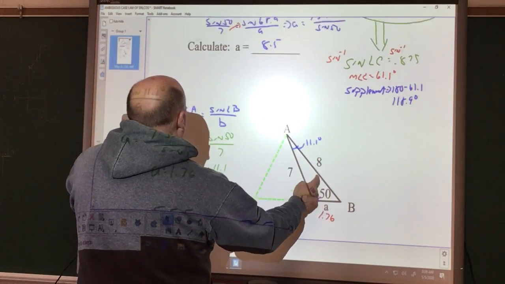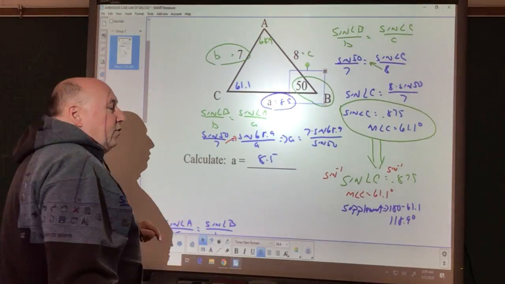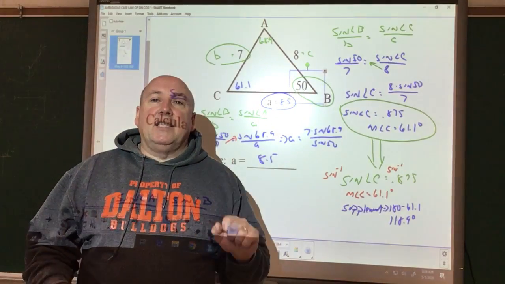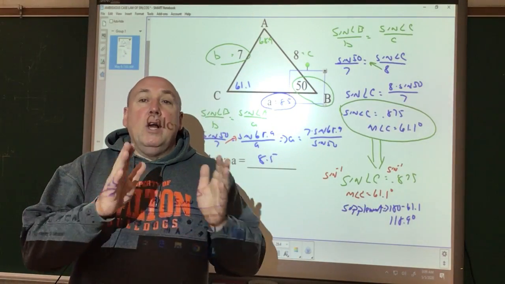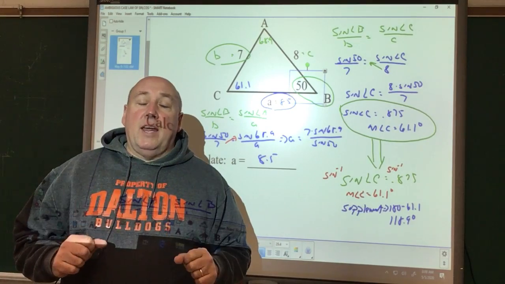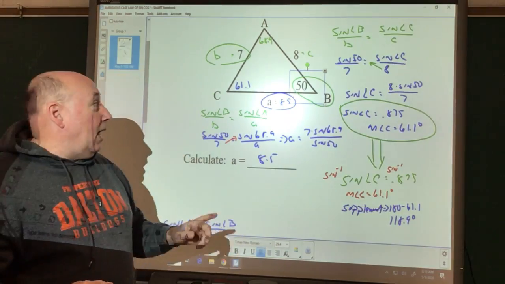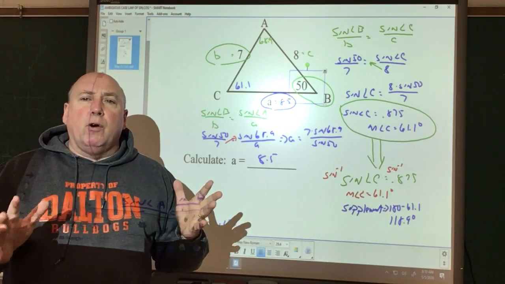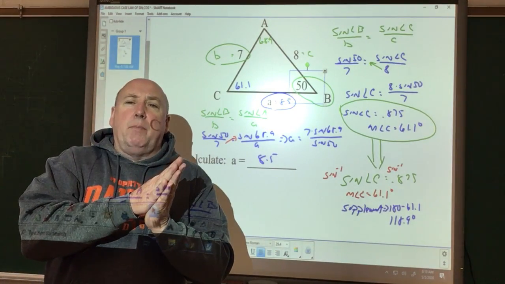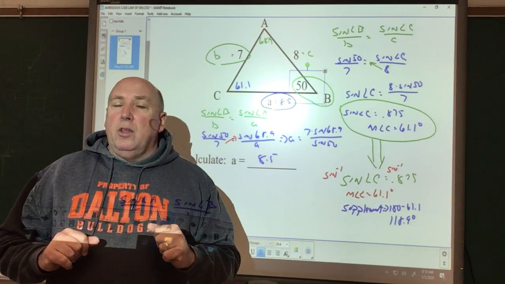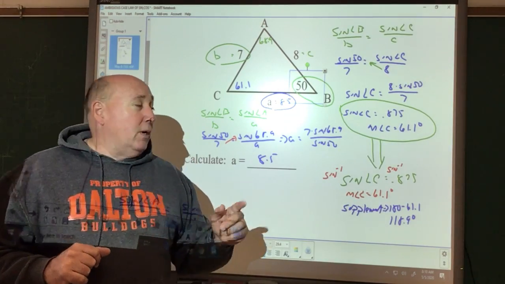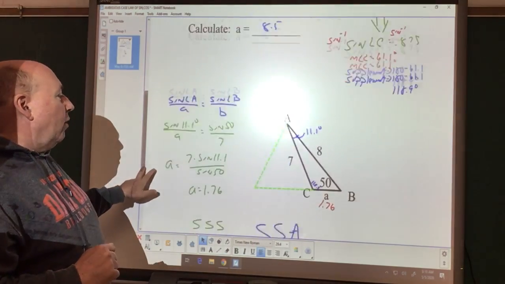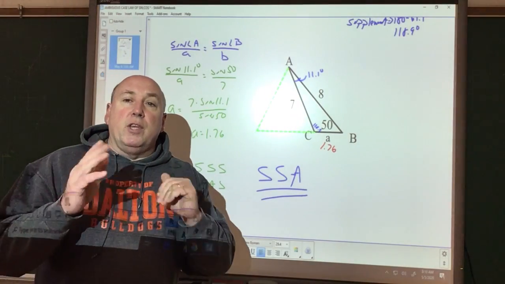This angle B is 50, this angle B is 50. So we have two sides and a non-included angle of one triangle congruent to two sides and a non-included angle of a second triangle. But obviously, these two triangles are not congruent, because if they were congruent, I would be able to put one right on top of the other, and you would just make one triangle. And we don't have that. We don't have congruent triangles here. Hopefully you can realize that.